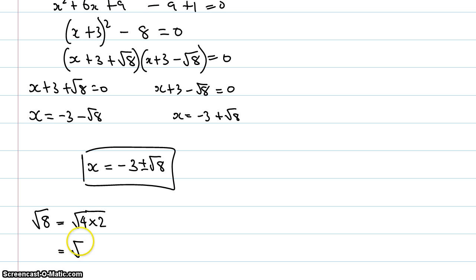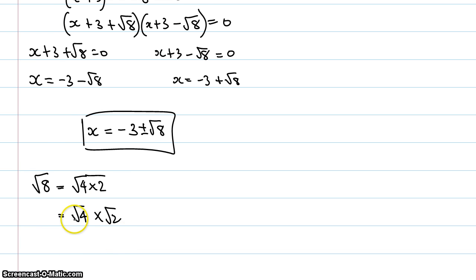That's the same as root 4 times root 2, and that is the same as 2 times root 2, which is 2 root 2. So sometimes your textbook will replace root 8 with 2 root 2, or equivalent things like that. It's a little bit frustrating, but I'd probably just check your answer with the calculator and see if you've got a similar answer.